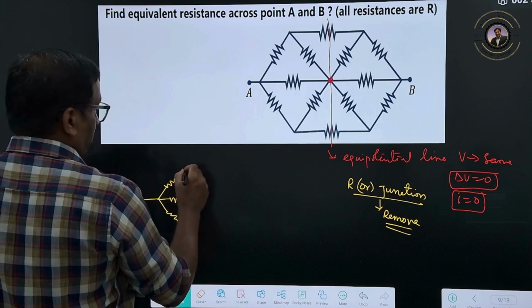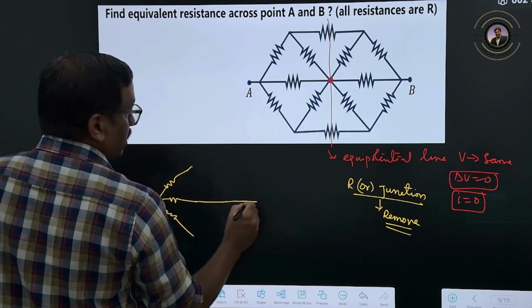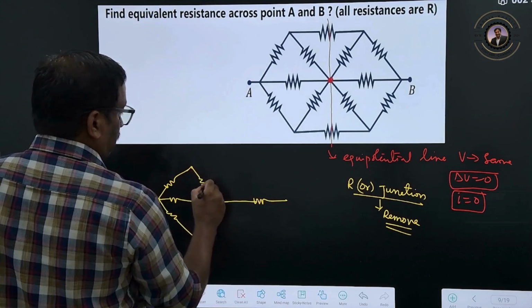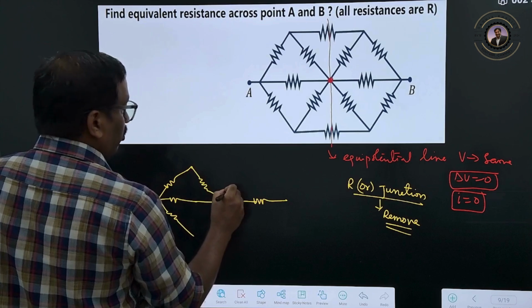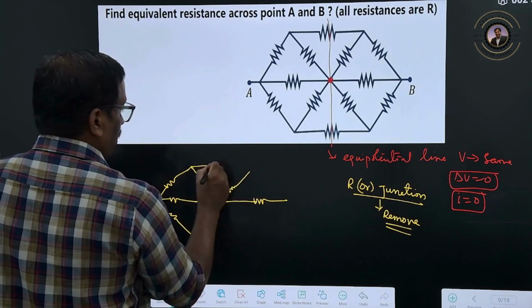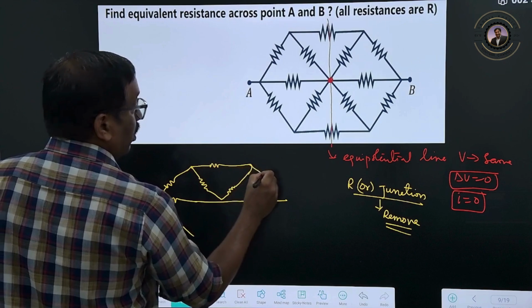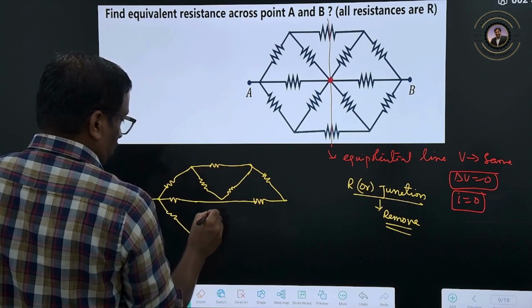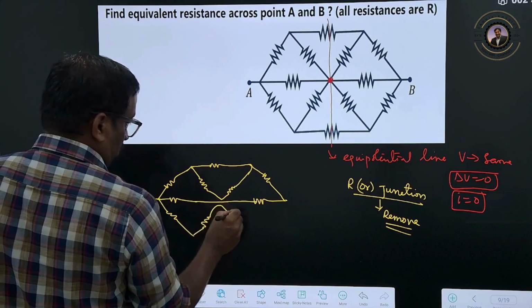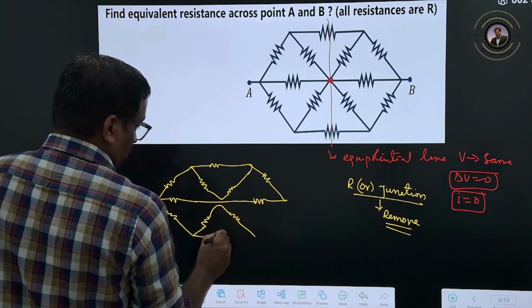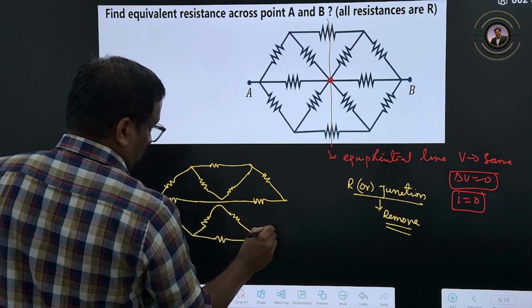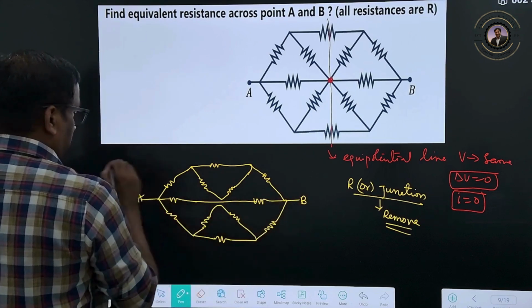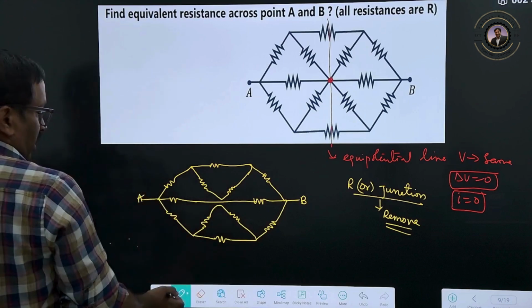Now here it is like this, and this part is just there, so we can remove it. This is B, this is A. Now you can solve very easily.